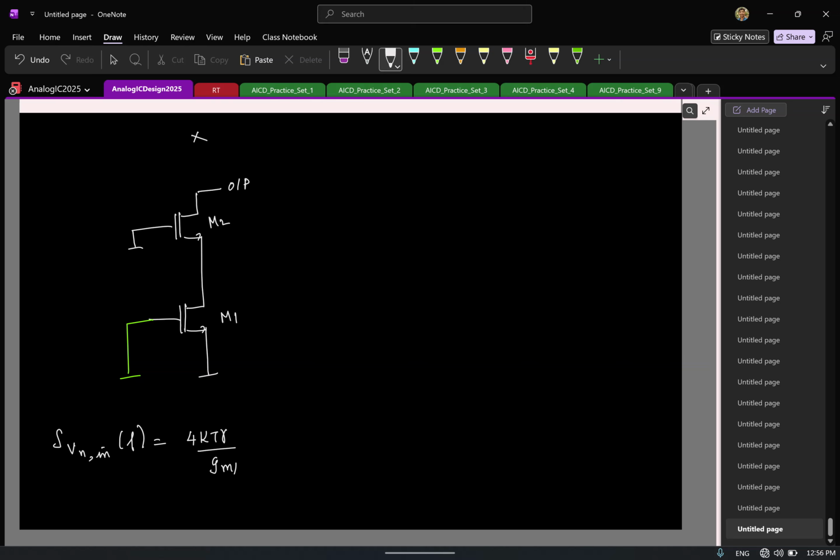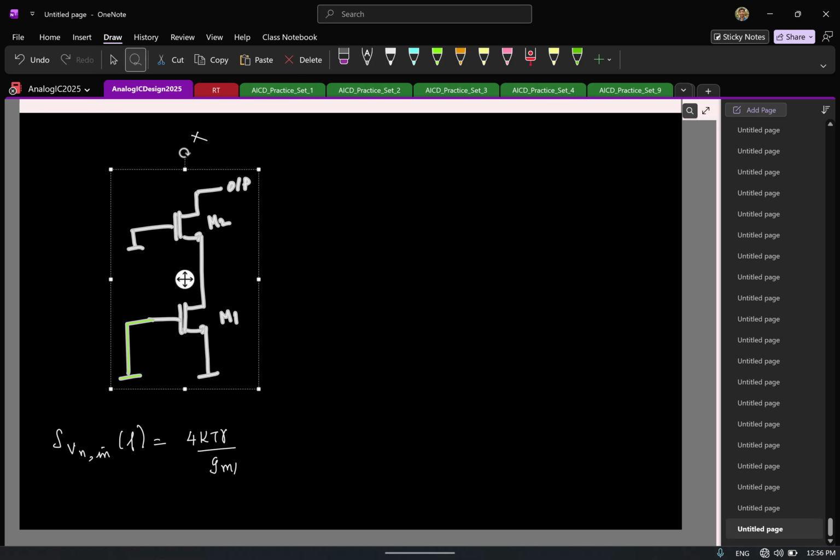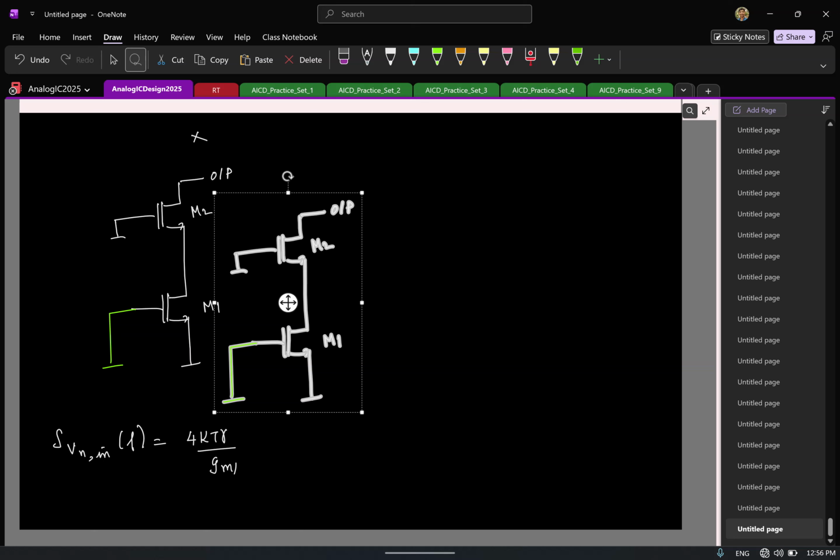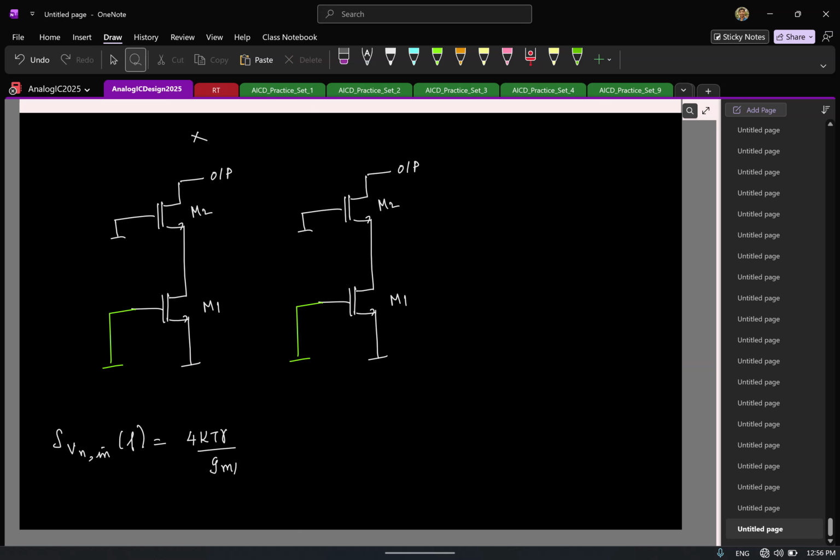Now the only thing pending is the cascode transistor M2. So let's do that. Again, the noise of M2 we can model as a current source or an equivalent voltage at the gate. That is, we can have a voltage source here or a current source. I'll use a current source for this case.